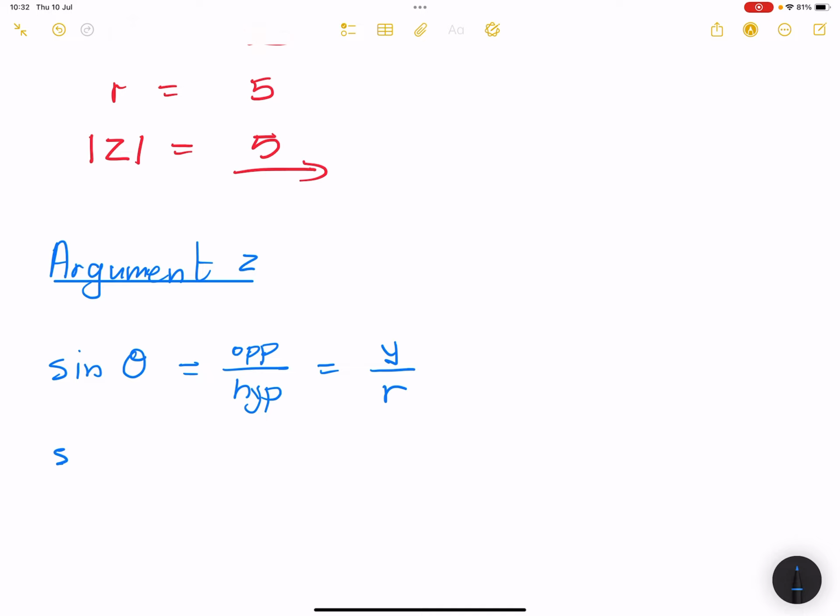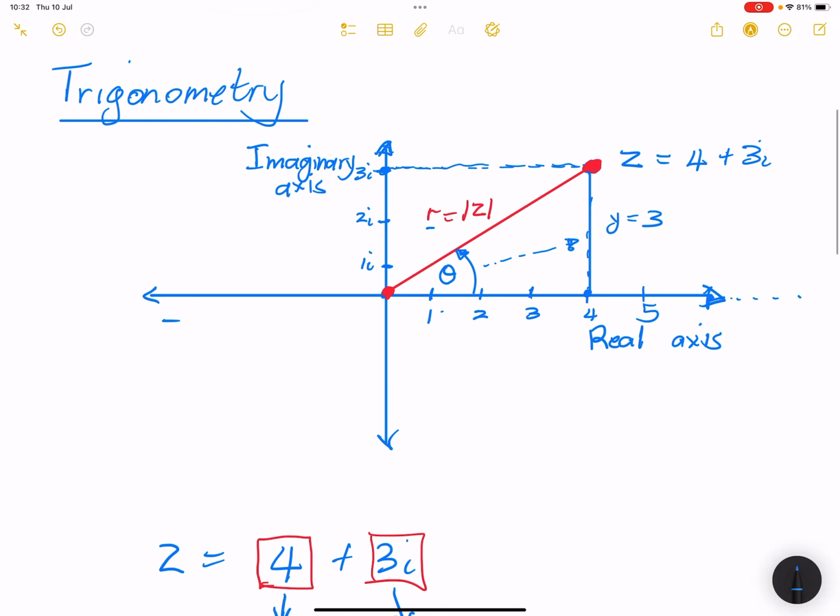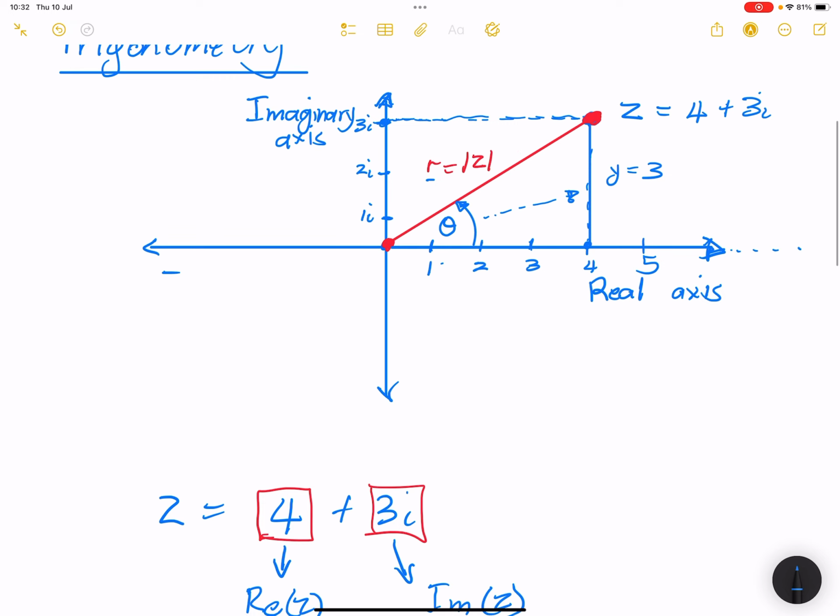But just to remind you as well, we've got the cosine of any angle, right? By definition, what is cosine? That's going to be adjacent divided by the hypotenuse. So in this case, what is adjacent to our angle? That's going to be the x side, the real side.